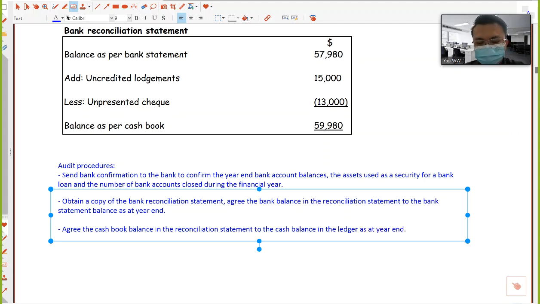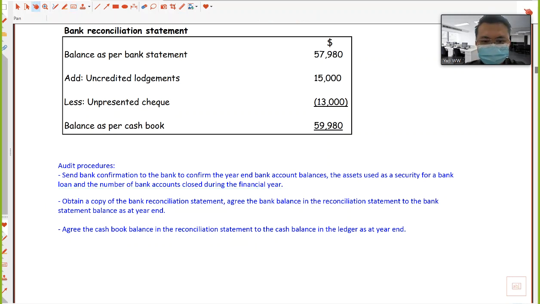So you just agree the cash book balance to the cash book also can. So at least we have done with these two procedures.